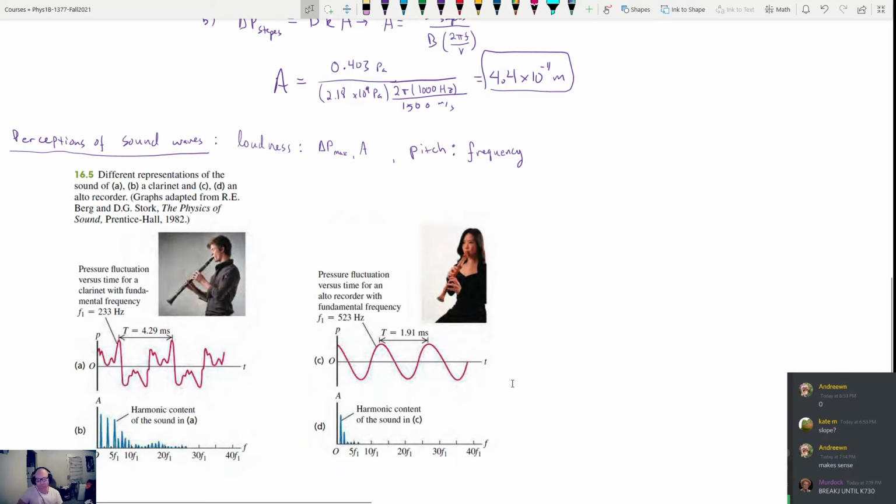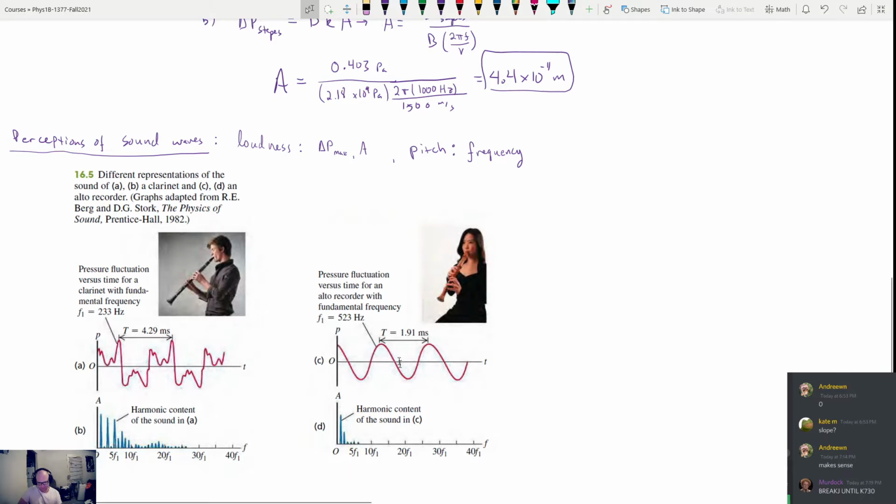Over here, with the recorder, which is a simpler instrument that produces less rich sound, the waveform does appear to look a lot like a sine wave. It's not quite a sine wave though, right? Can you all see that this one's a little bit different than a sine wave?